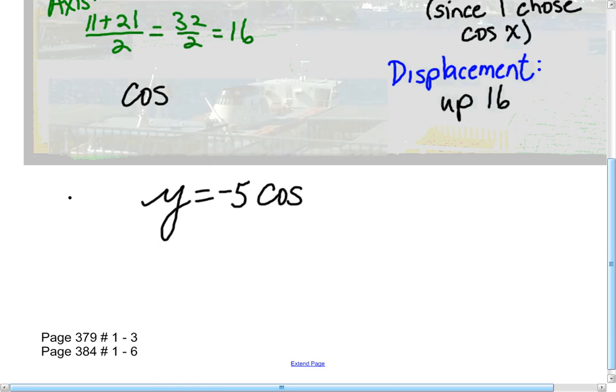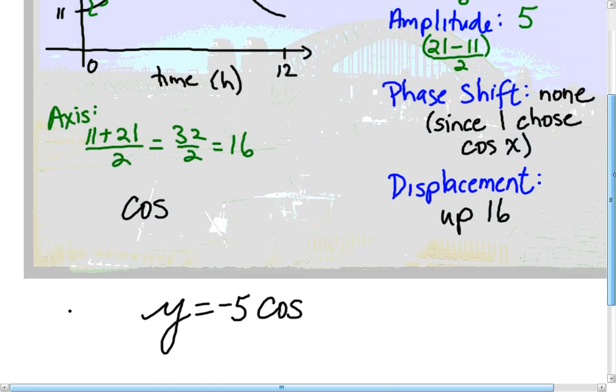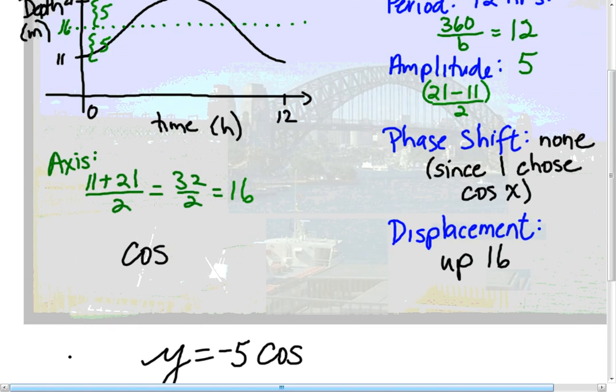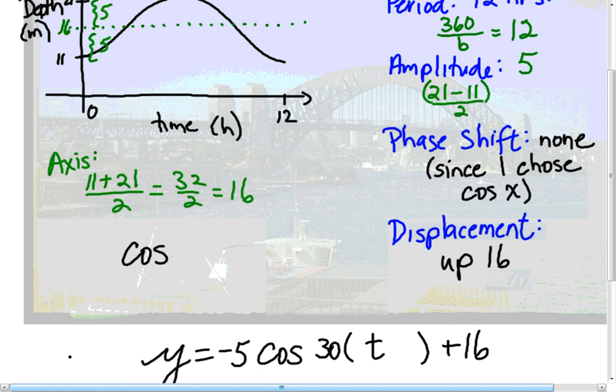Then I need to write in the b value, which would indicate our period, which would be 30 if I solve for b. In the brackets with x, or t, time in this one, I would write my phase shift. There isn't a phase shift. So I just need t. And then my displacement is 16. And there I have my equation.